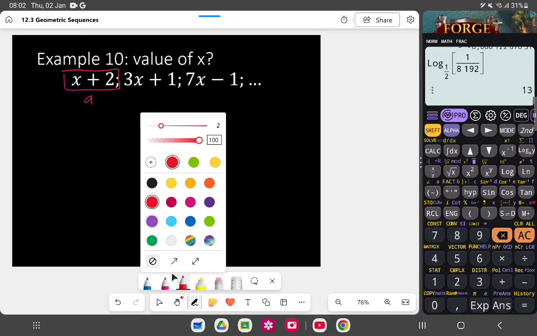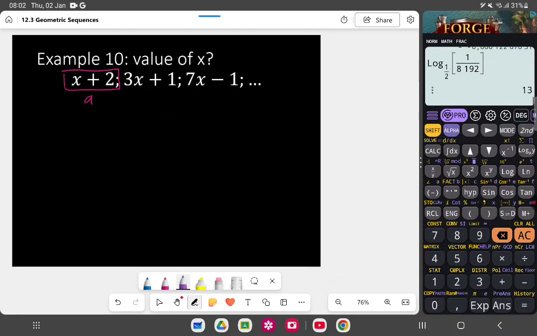According to our purple pen, we know that r is a formula, which is going to be term 2 over term 1, and r is also term 3 over term 2. And we know the formula is going to be term n is equal to a r to the n minus 1. That's information that we know. Using only this that we know, we need to solve for x.